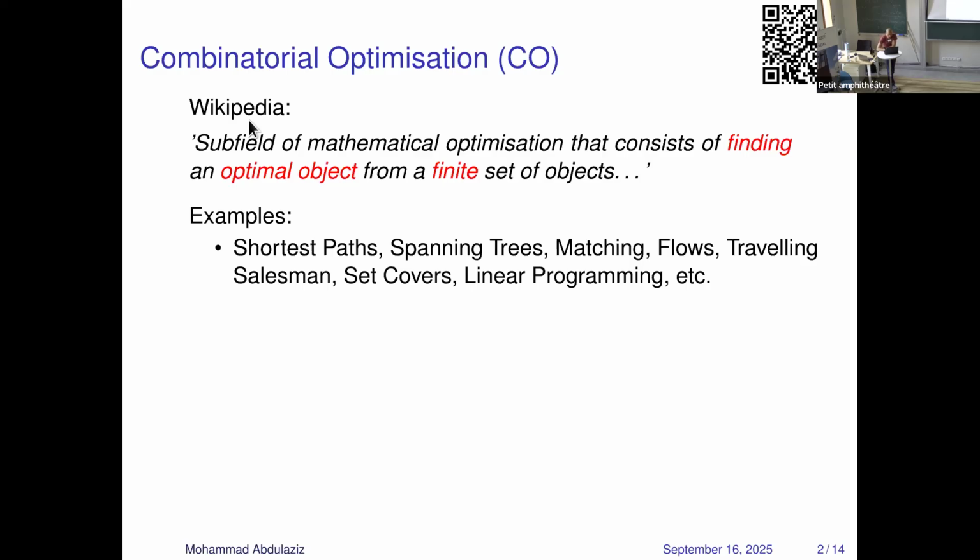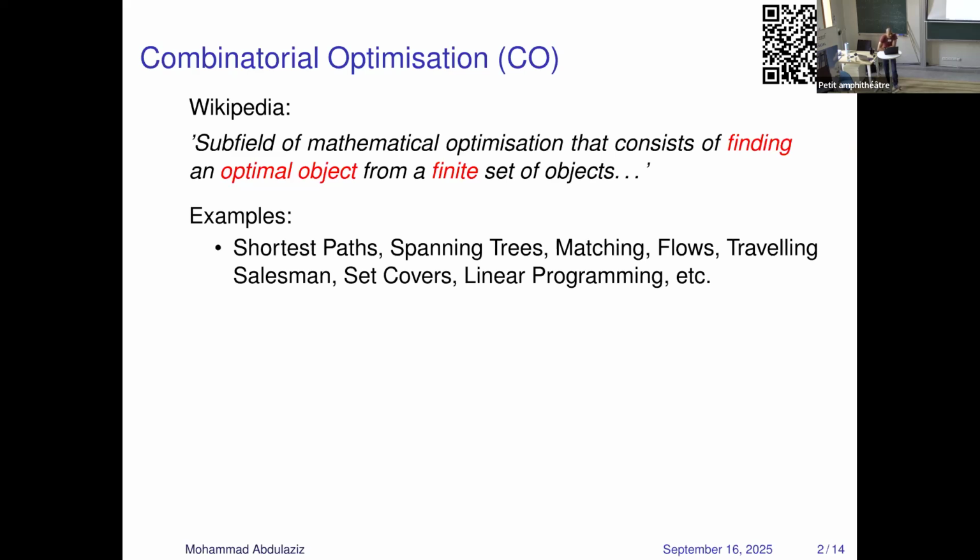From the Wikipedia article on the subject, it's a subfield of mathematical optimization. So it's a subfield of applied mathematics, where one tries to find an optimal object from a finite set of objects. This applies to many problems, especially important in computer science, but also in operations research and many other areas of applied mathematics.